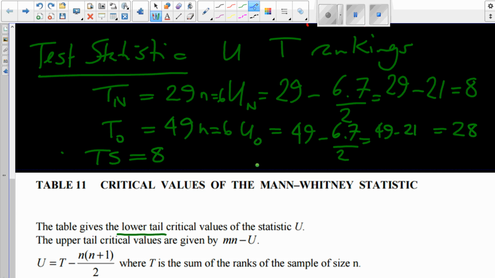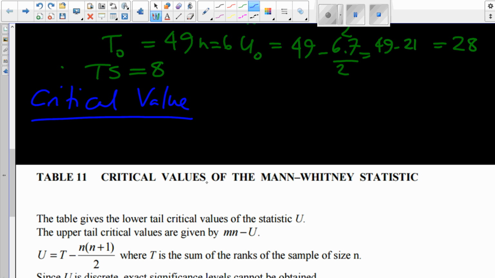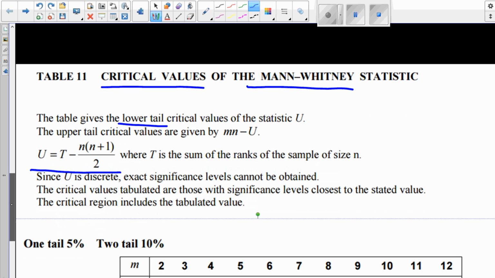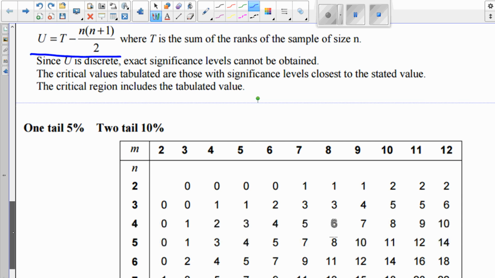Okay, so that's got us on to the next step. Now we're going to go on and calculate our critical values. Table 3 gives the critical values for the Mann-Whitney for the lower tail, and we've already worked out what our test statistic is. So now we need to go into the table and find the right value.